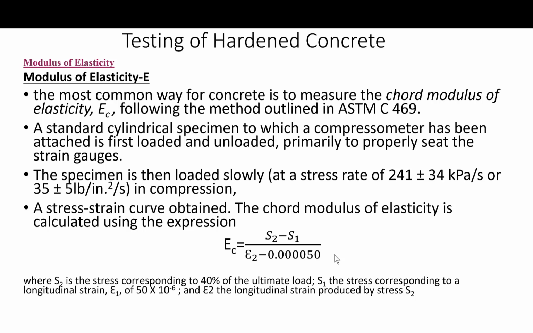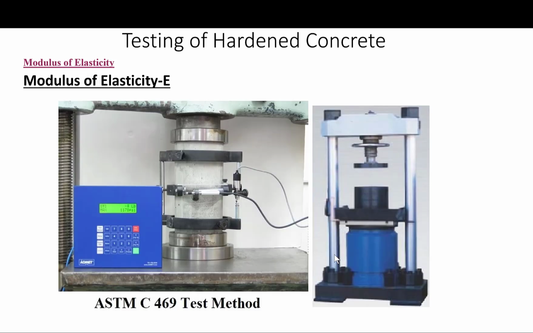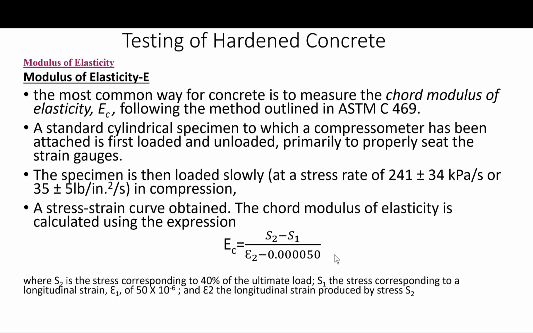Basically, what we do here is take a standard cylindrical specimen, to which we attach a compressometer, as seen here. Of course, this compressometer is attached to the side of the specimen.